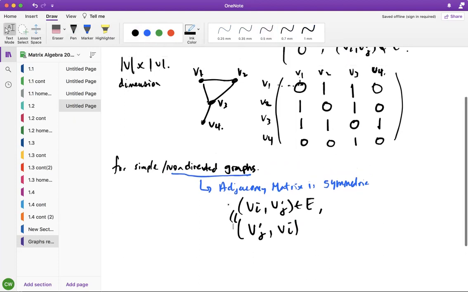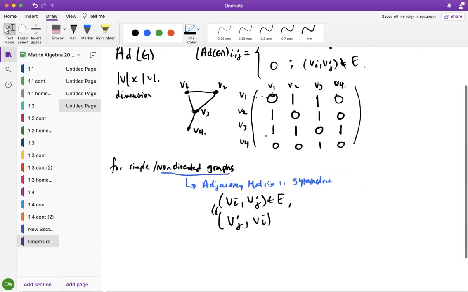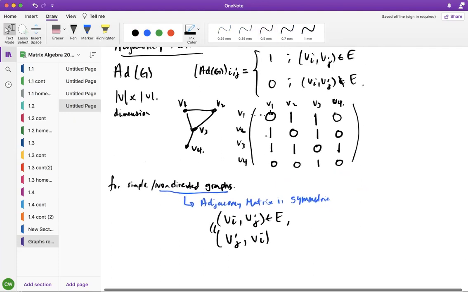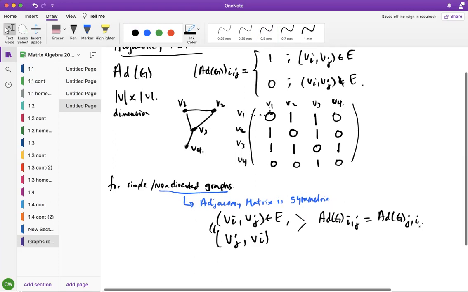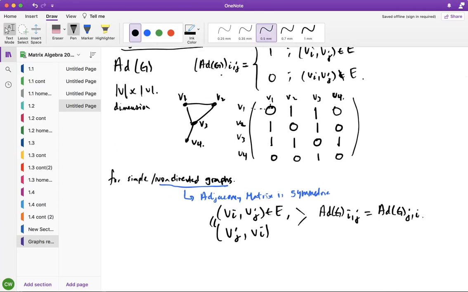So if vi, vj is in the edge set, then that gets a 1, and then vj, vi gets a 1. And similarly, if they're not in the edge set, then they would not be connected. So this implies that the ij entry will always be equal to the ji entry. So that implies it's symmetric.